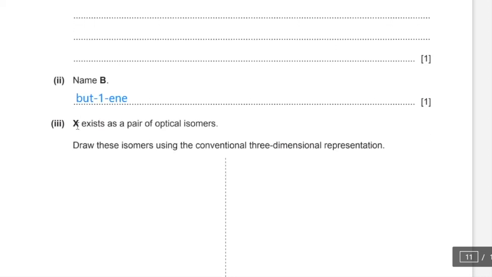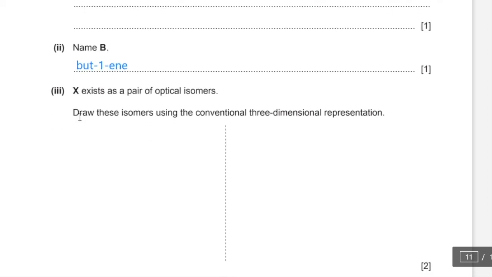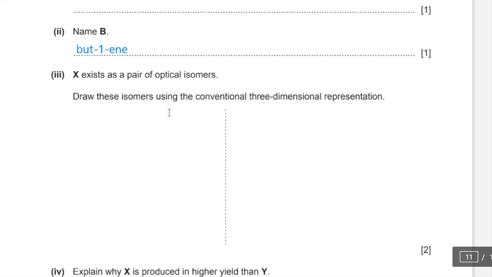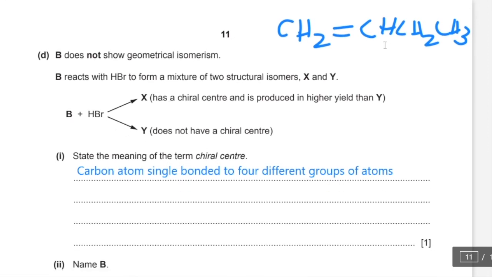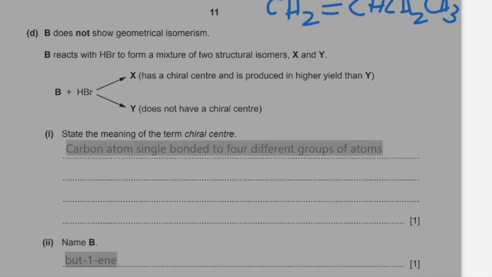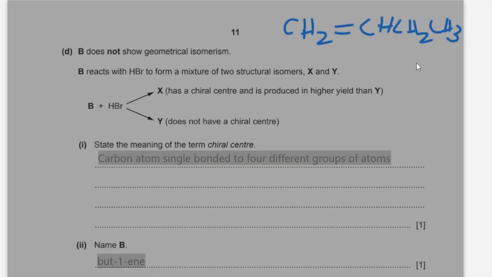X exists as a pair of optical isomers. Draw these isomers using the conventional three-dimensional representation. So X is the product of the reaction of B with hydrogen bromide that forms a chiral product, right? So this can give two products, where one of those products can have hydrogen bonded to the first carbon atom, which was involved in the double bond, and bromine bonded to the second atom.